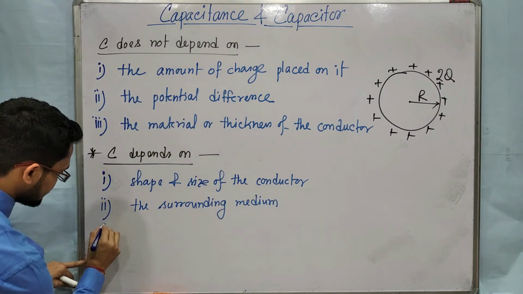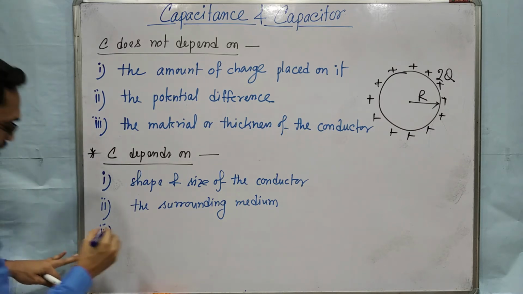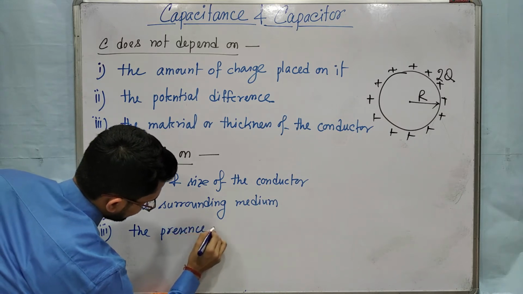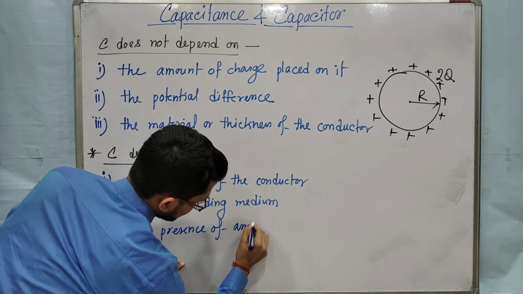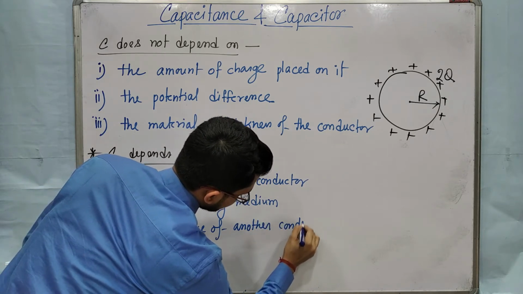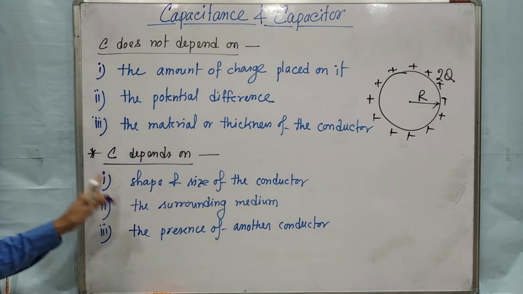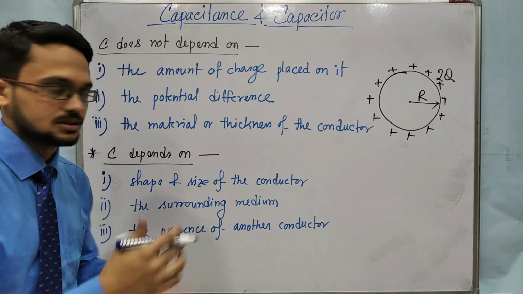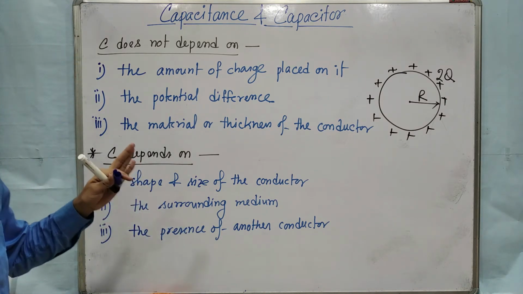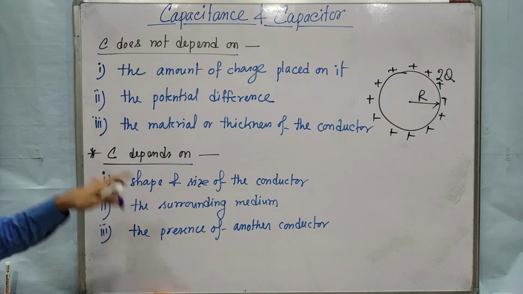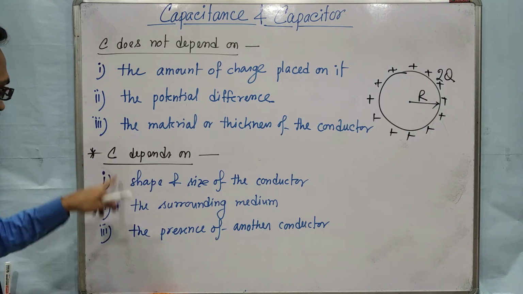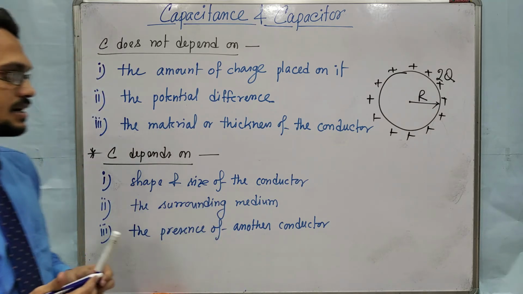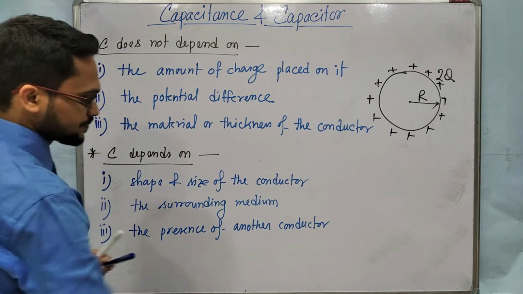And third, the presence of another conductor. On these three factors C depends. As we derive the values of C for different kinds of conductors, you can automatically understand that C depends on the surrounding medium and on the presence of another conductor. So these are a few points.